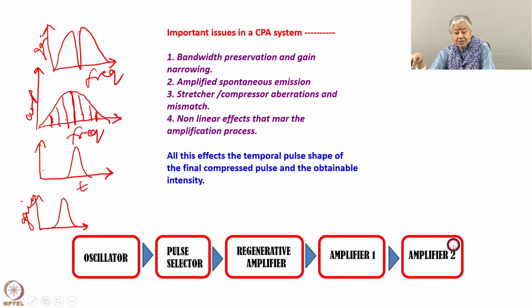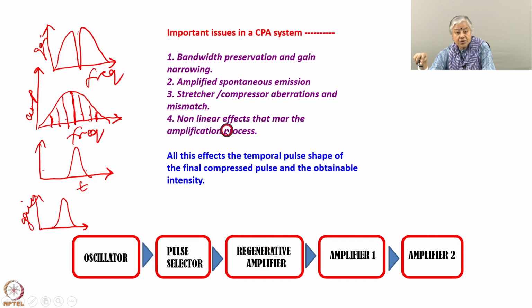But at each of these amplifiers, these issues crop up. The amplified spontaneous emission I spoke of is mainly in the regenerative amplifier, not so much in the following amplifiers, where you get that Q switched pulse at the bottom. That is the amplified spontaneous emission.